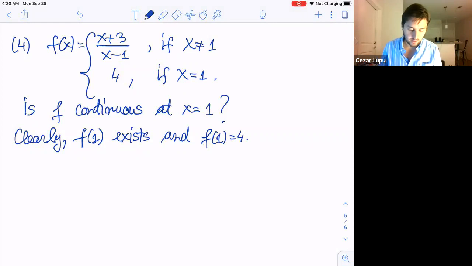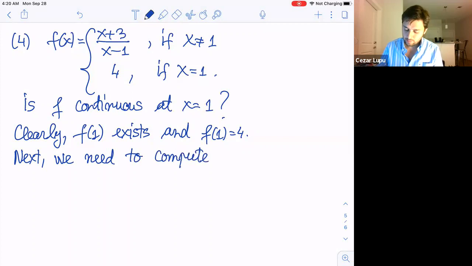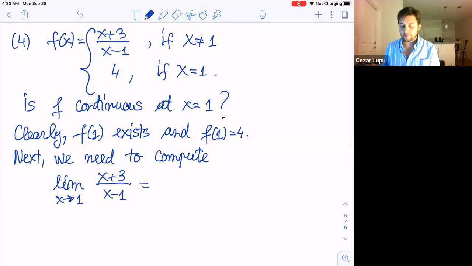So next we need to compute the following limit: the limit as x approaches 1, whether from the left or from the right, we don't have any information about that, of this guy.